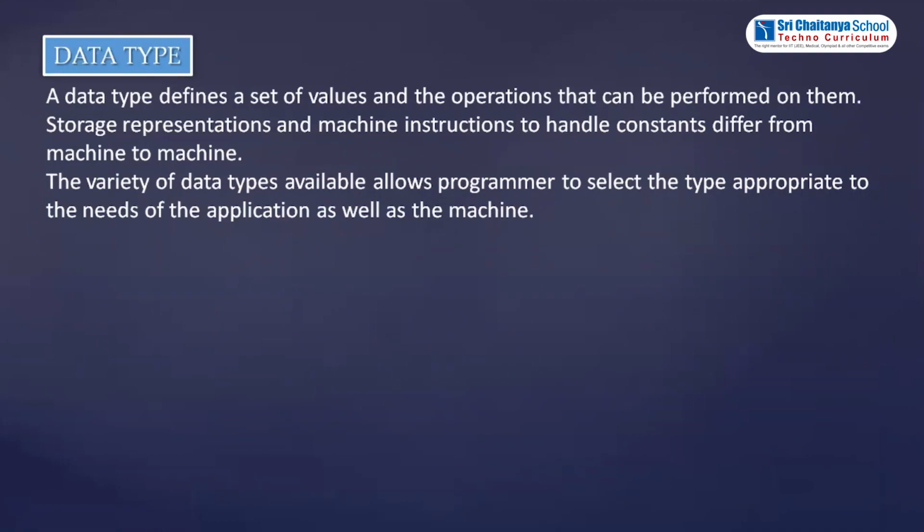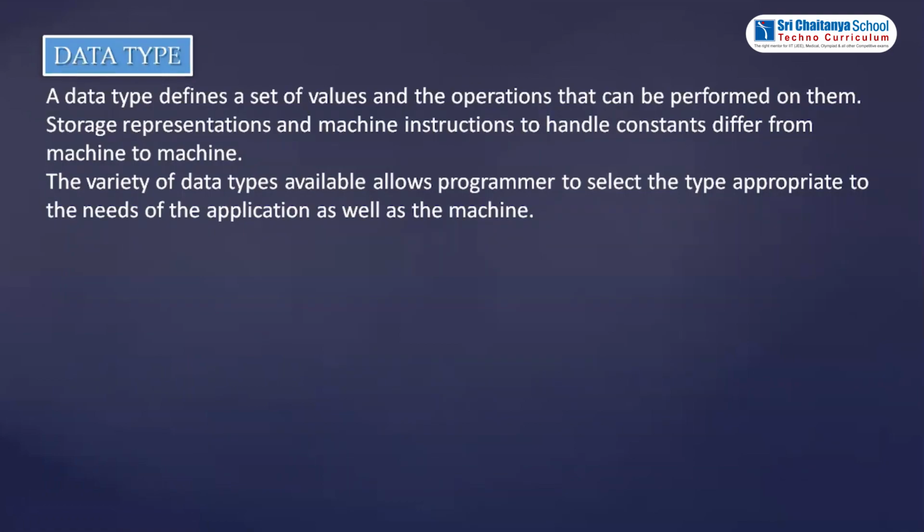A data type defines a set of values and the operations that can be performed on them. Storage representations and the machine instructions to handle the constants differ from machine to machine. In general, the variety of data types that are available allows the programmer to select the type appropriate to the need of the application as well as the machine.